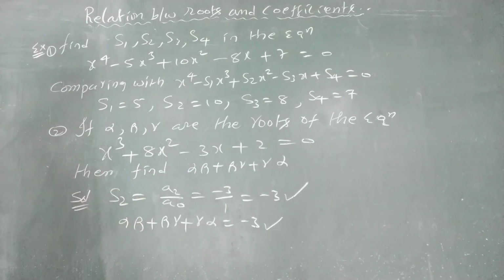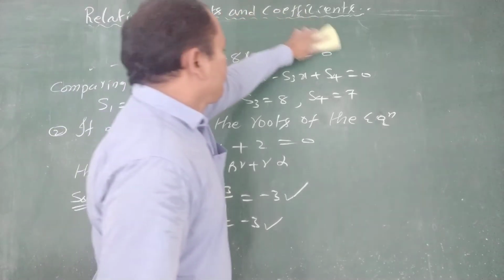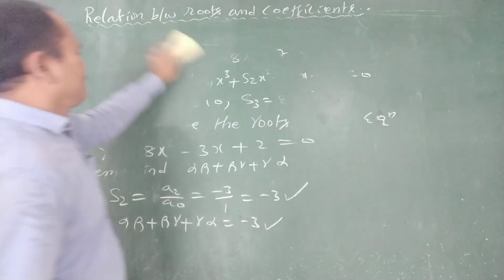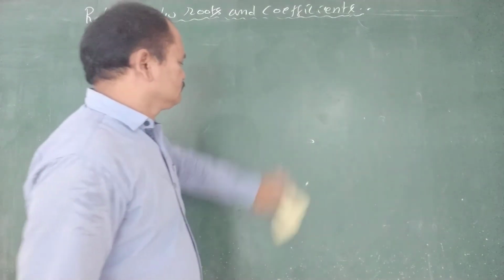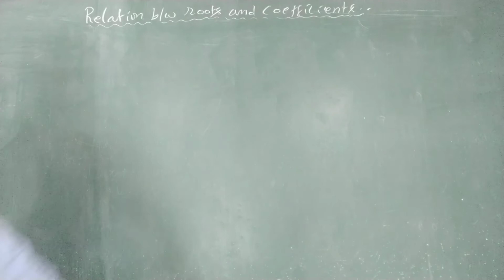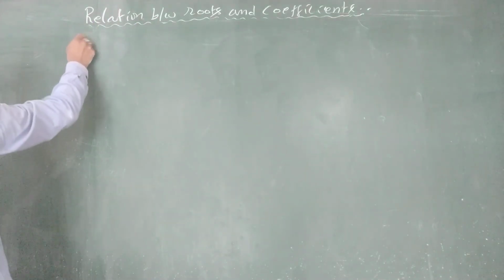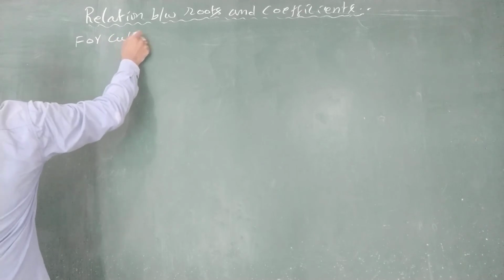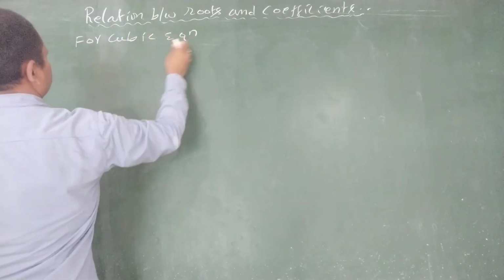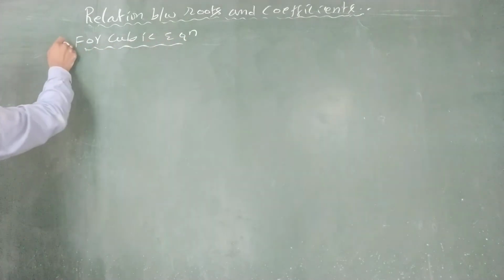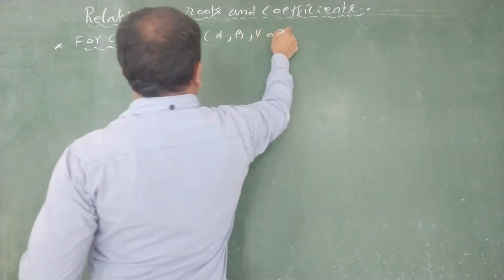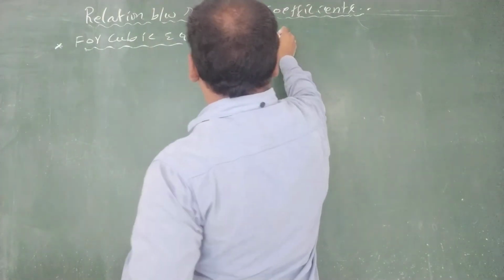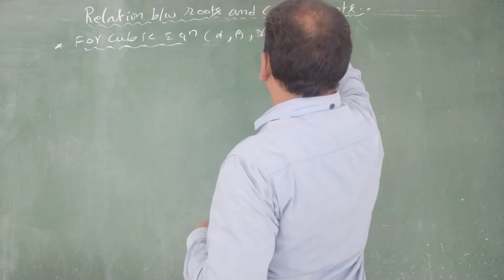Like that. Now we are going to do it for a cubic equation, where alpha, beta, gamma are taken as roots.